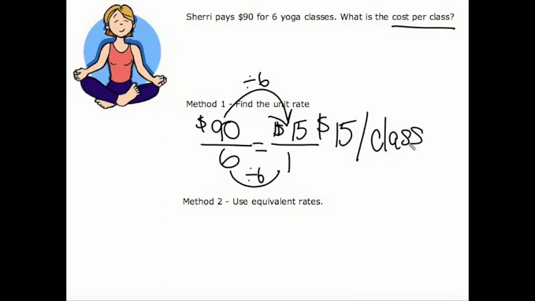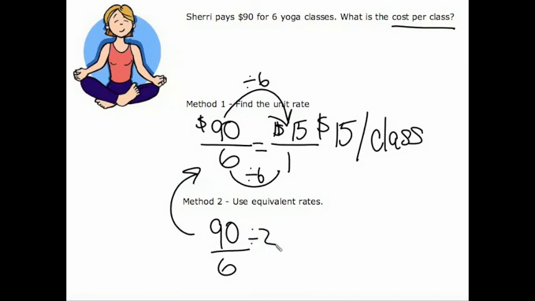Now down here with using equivalent rates, okay, another way we can do it, similar to method 1, okay, I have 90 over 6. Now remember, to find an equivalent rate, whatever I do on the top, I do in the bottom, similar to what I did over here, except it might be a few extra steps.